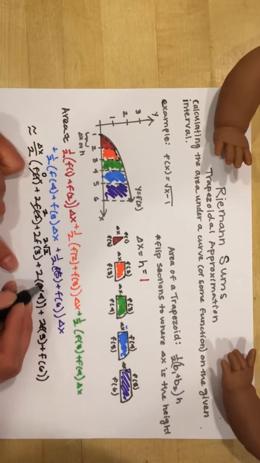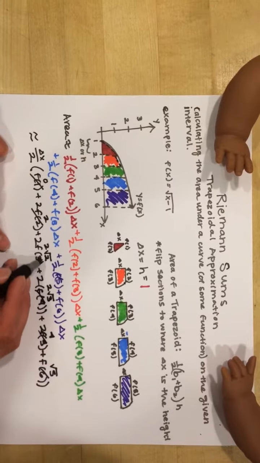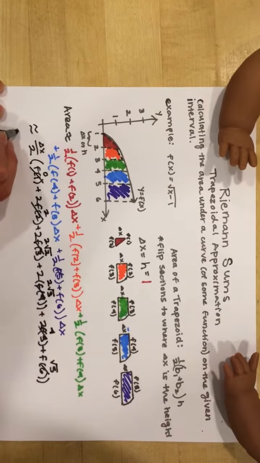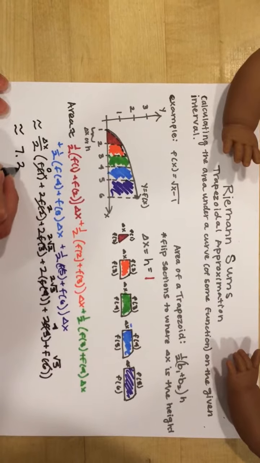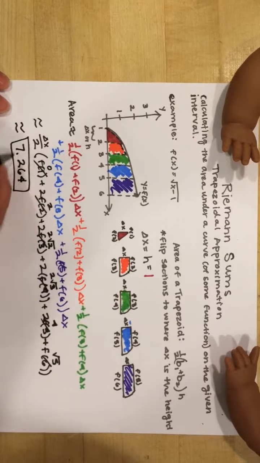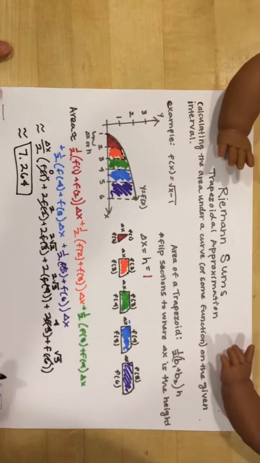So this is going to be 2 root 3, this one's going to be 4, and this is going to be root 5. So plug it back in. And you're going to plug this into your calculator, or you can add it up. You should be able to add it up, and you're going to get 7.264. And that is your final answer using Riemann sums trapezoidal approximation.